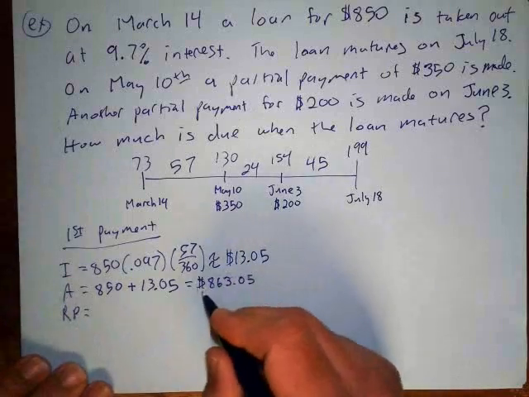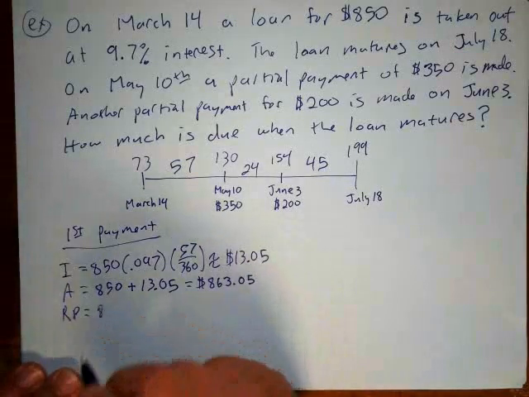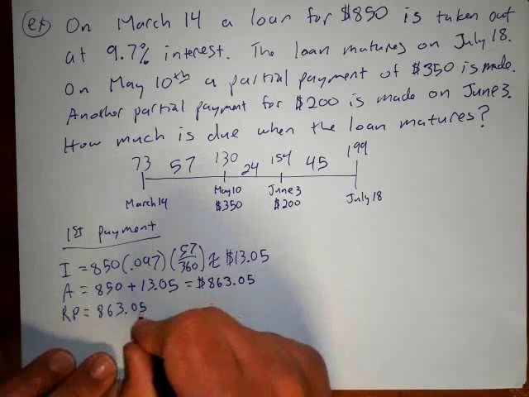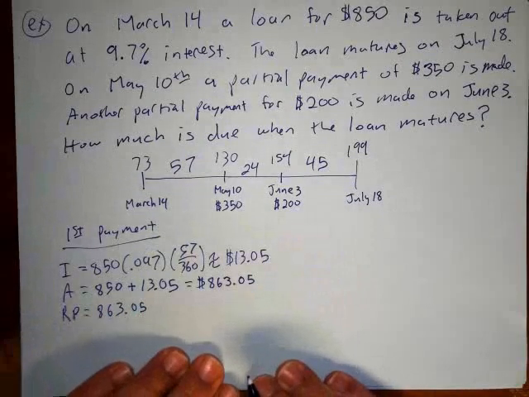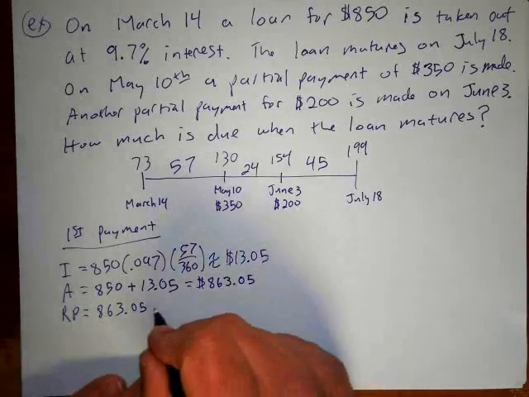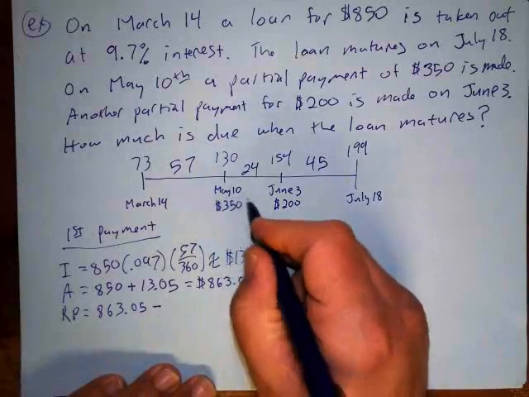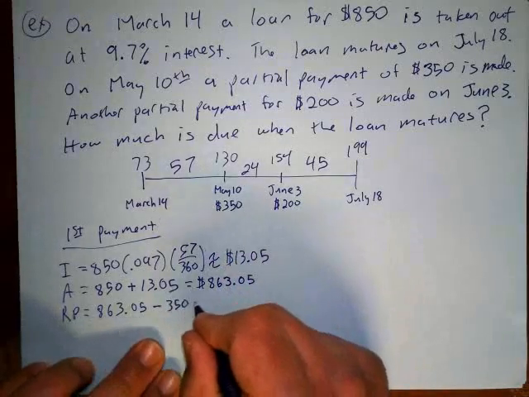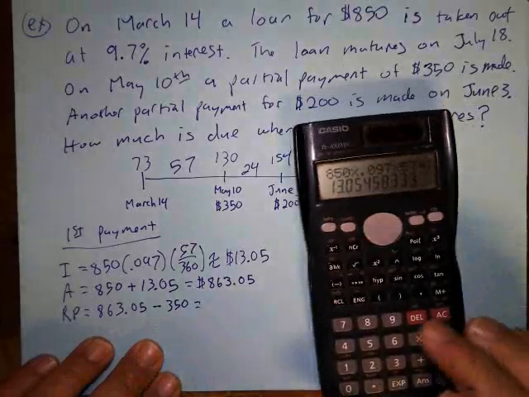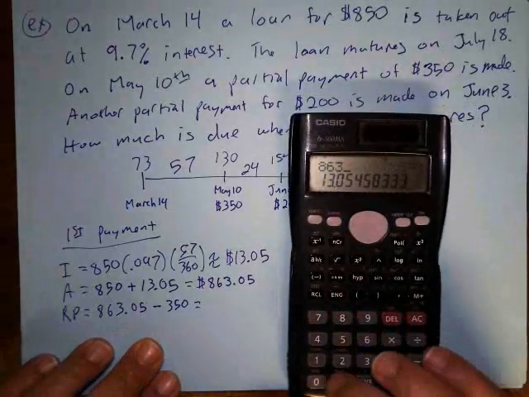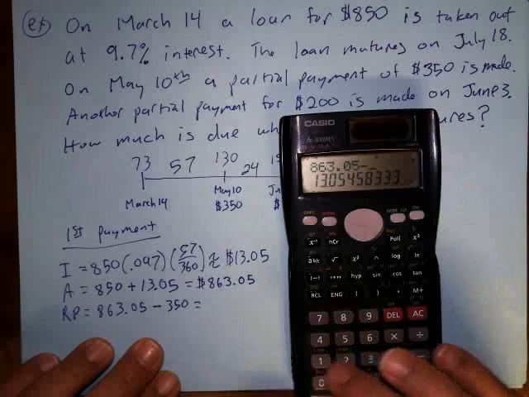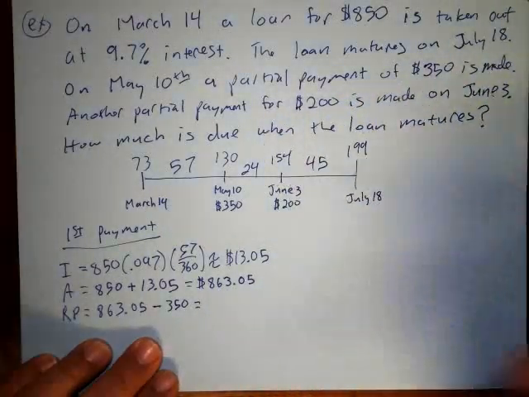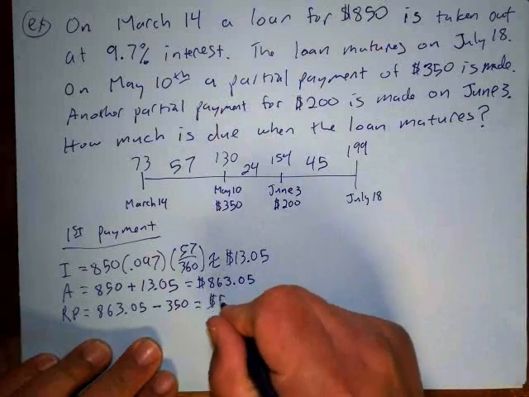Okay, now the remaining principal. This is going to be this amount that I owe, $863.05. And then I'm making a $350 partial payment. So I'm taking this amount, subtracting $350. So 863.05 minus $350 is $513.05.